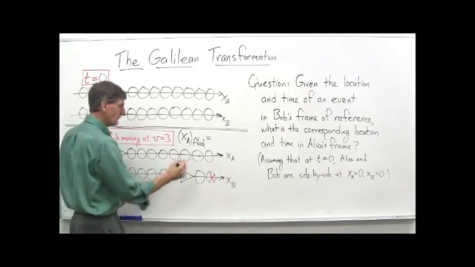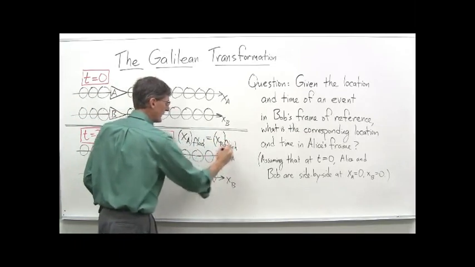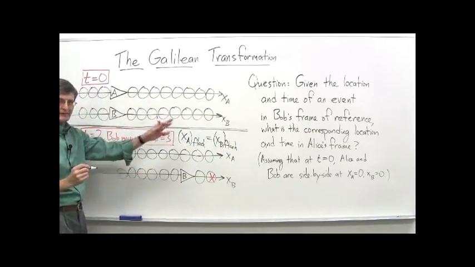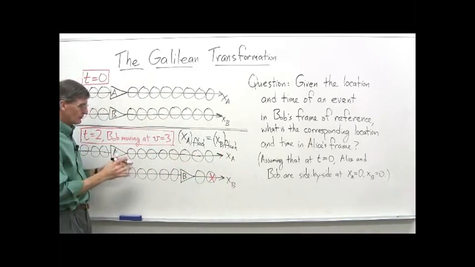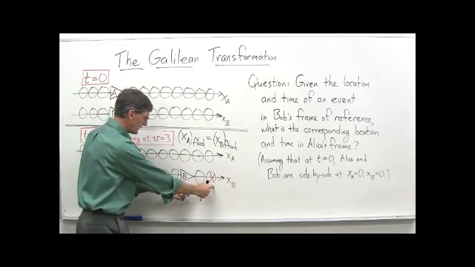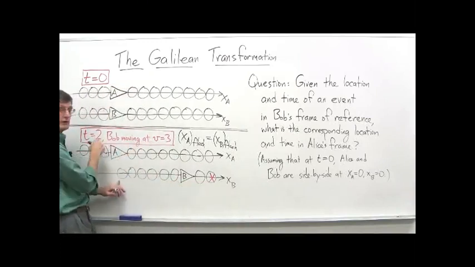So we'll write it like this. xa, the position of the flash in Alice's frame, will be xb of the flash plus the distance he's moved. Well, the distance he's moved is simply velocity times time.